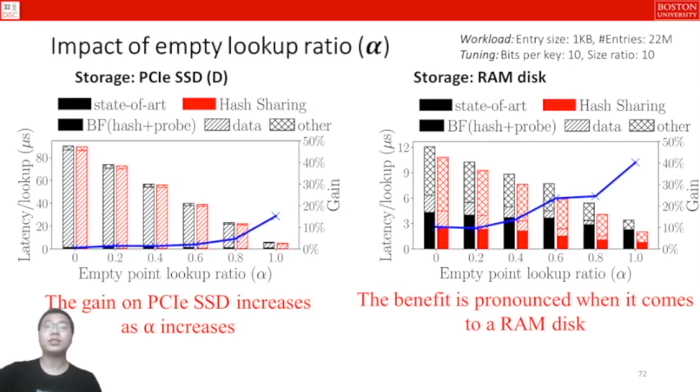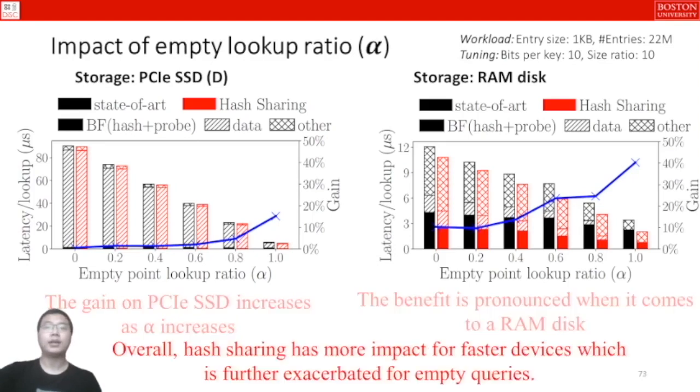It is worth mentioning that for a RAM disk, we still have 10% gain even if all queries are existing queries, that is the case when alpha equals 0. Overall, hash sharing has more impact for faster devices, which is exacerbated for empty lookups.